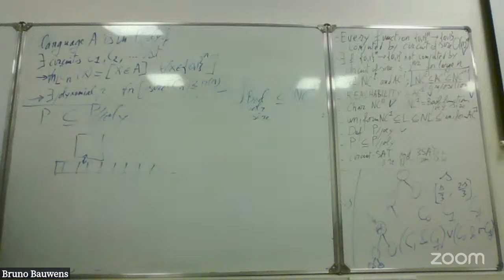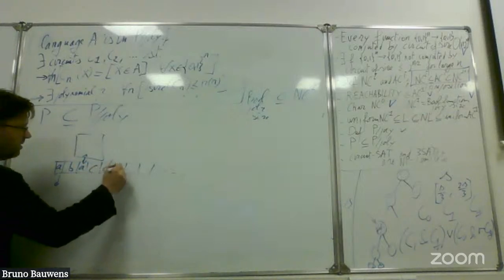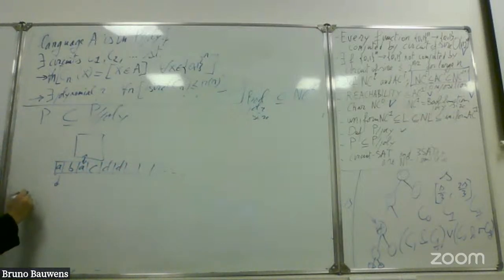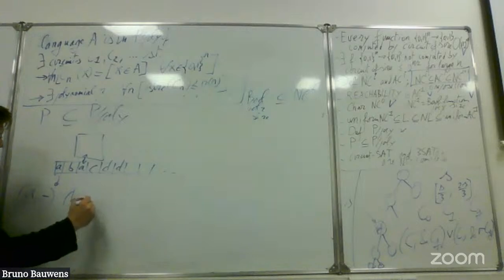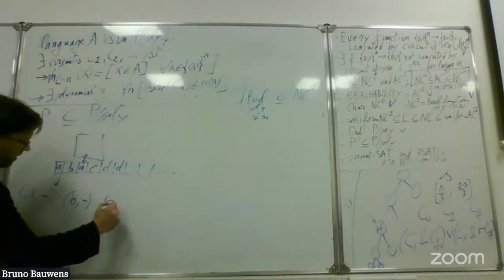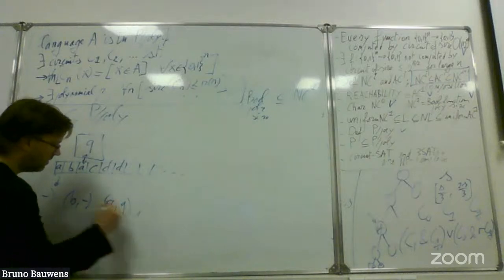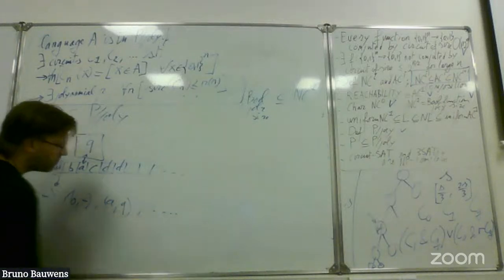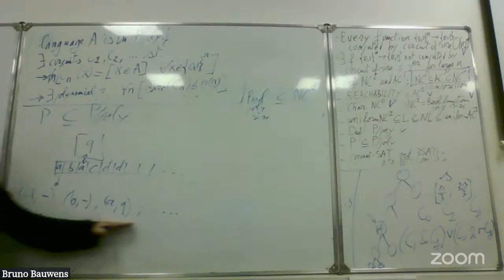So we will encode every cell as a pair. Imagine that the tape has A, B, A, C, D, D, and so on. We will encode a cell as A and the default symbol if the head is not there. But where the head is located and it's in state Q, we encode it as this pair.